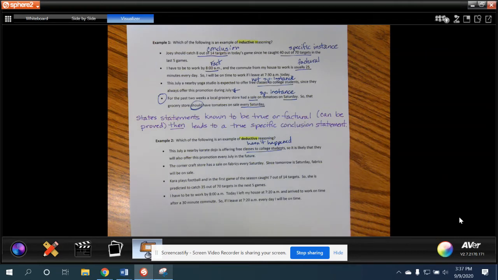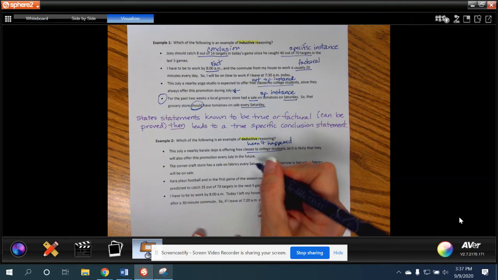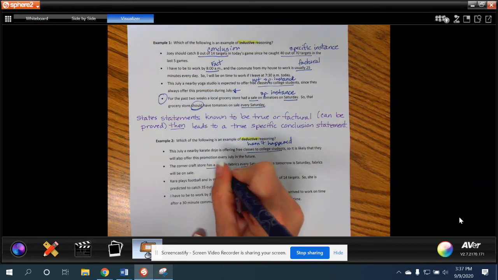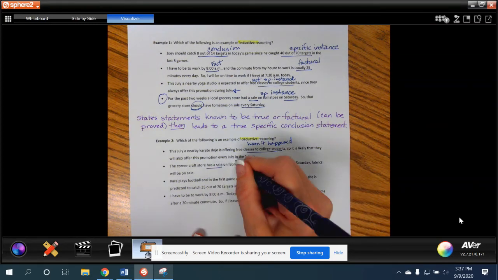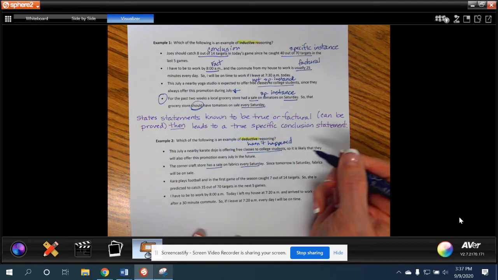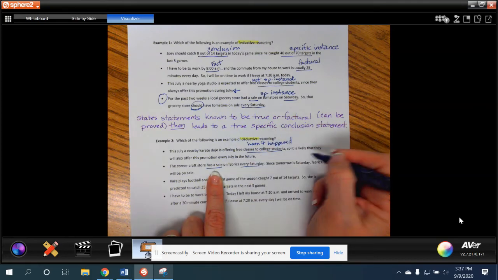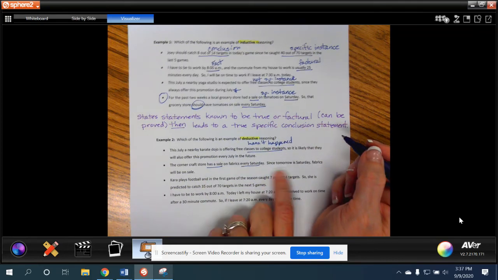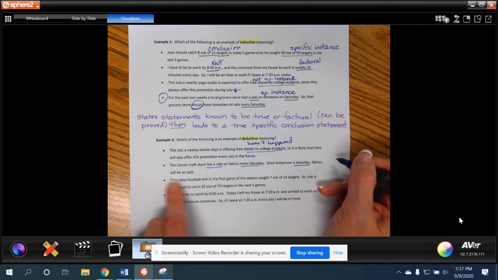The next one, the corner craft store has a sale on fabrics every Saturday. So starting off, the statement is something that has happened that could be true or factual that can be proved. It's already happened. All right, I'm good. And it's specific. So we're good here. Then since tomorrow is Saturday, fabrics will be on sale.